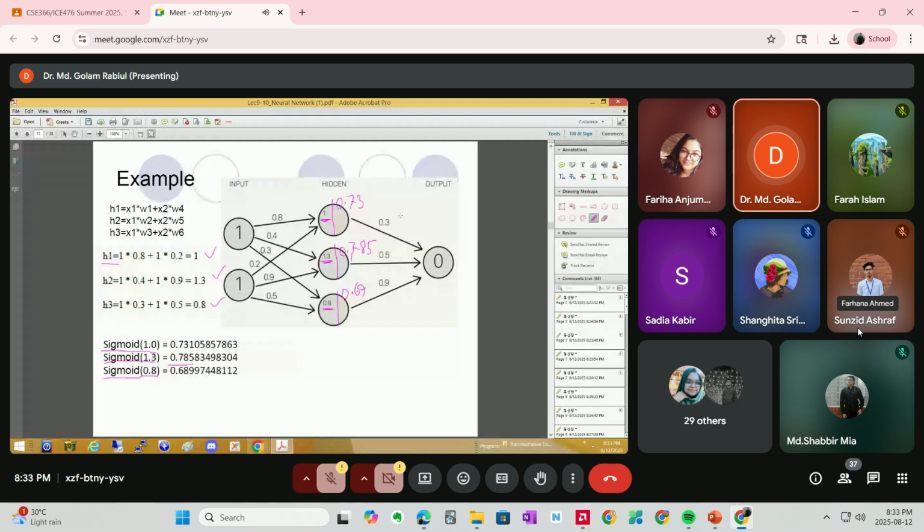Now we have to pass these values as the input to our output neuron and calculate the output sum. The output sum will be 0.73 times 0.3 plus 0.785 times 0.5 plus 0.69 times 0.9.